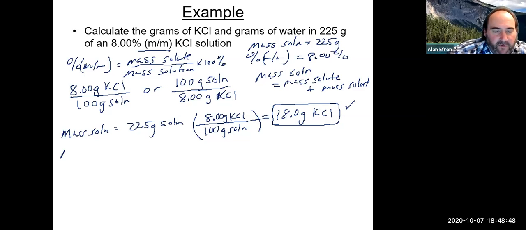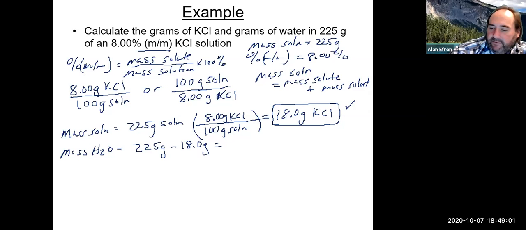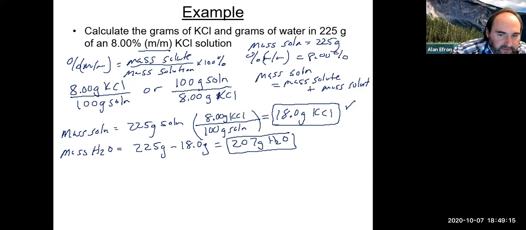So the mass of water, which is the solvent here, would be 225 grams minus 18, and that would get us 207 grams of water to be put in there. Again, 207 grams of water and 18 grams of KCl gives us a grand total of 225 grams for the total solution.